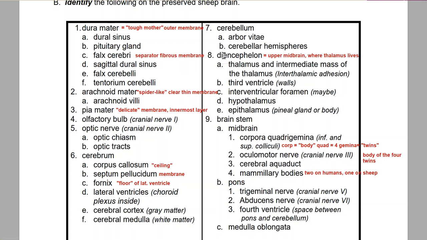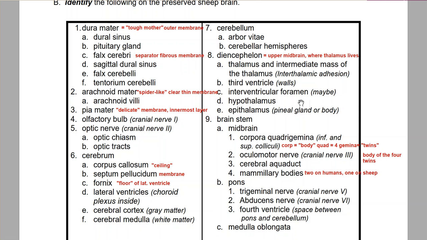And then diencephalon is another name for your midbrain. It's like the top of your brainstem. So the two walnut halves of your thalamus with that little connector bridge of tissue, and then the thin third ventricle that would occur between the two walnut halves of your thalamus.